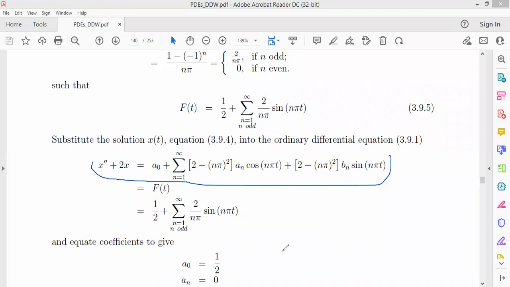Once you simplify this, the question is, what do you get? A simplification of that, just take out the sine and the cos. Remember we are saying this whole thing is ft, which ft is this.